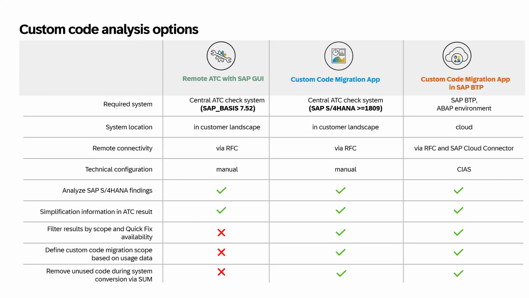Either you use it using the S/4HANA system on premise, or you can use it on SAP BTP ABAP environment, where the custom code migration app can be set up directly using the Cloud Integration Automation Service, so CS. And in this case, the custom code migration app will check your custom code via RFC and Cloud Connector, connect to your on-premise system and check your code for S/4HANA readiness.